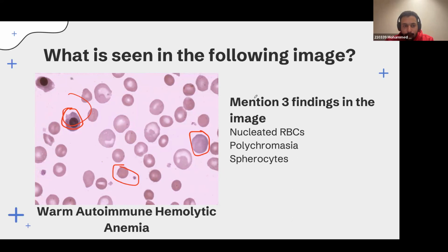Now, there's two types, direct and indirect. I don't think it's too important to remember the two, but basically direct is if you're seeing antibodies that are directly bound to the RBC. Indirect is you're seeing in the serum if there are antibodies present. That's basically the difference between them. And it'll be positive in this. Let's just say we did an osmotic fragility test. Will it be positive in this disease?